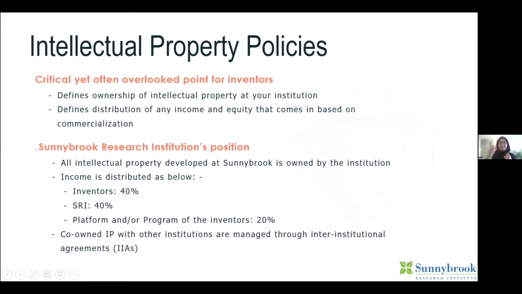So intellectual property policies often get lost in a conversation when you perhaps join a new institution or an organization, but definitely an important document to be aware of, because two key things that they talk about refer to the ownership of IP and also what the distribution of income looks like.